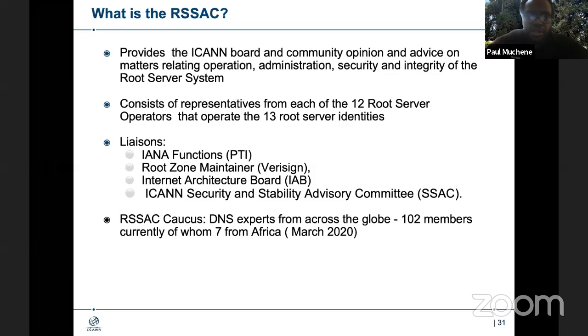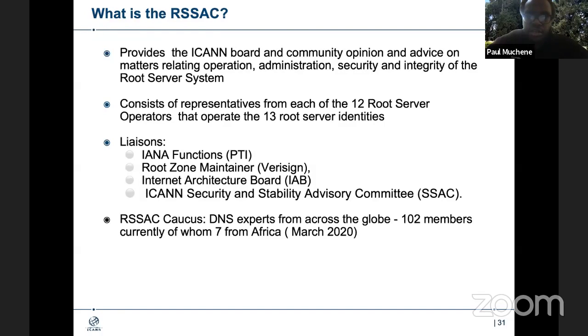The other one is the IETF, the Internet Engineering Task Force, which is represented by the Internet Architecture Board. The IAB, you could say, oversees the activities of the IETF. Because they maintain technical standards and protocols, they are part of the liaisons within the RSSAC.